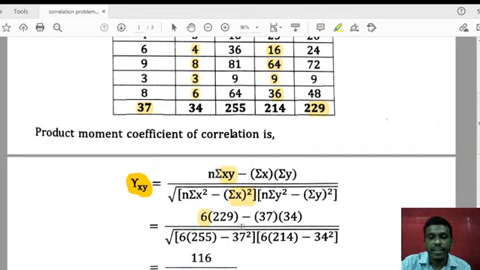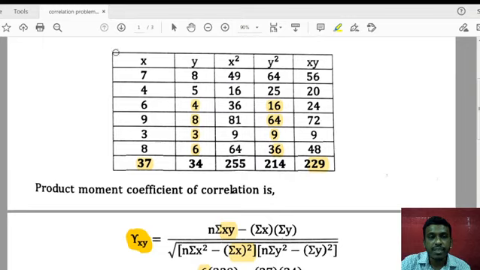Similarly, this is summation x the whole square, that is, we find summation x and then its square. Where is sigma x? The sum of all x is 37, so 37 square.